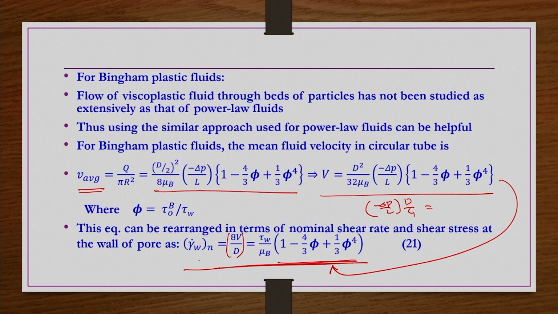So, 8 V by D is nothing but the nominal shear rate for generalized Newtonian fluids, and on the right side, wherever minus delta P by L times D by 4 was there, you write tau W, and the remaining terms are as they are.